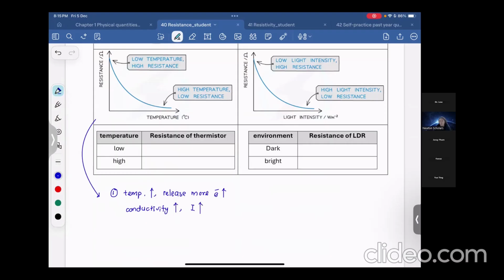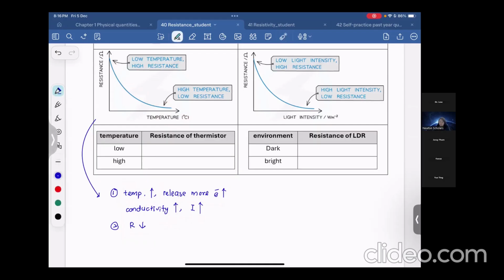More current flowing means that the resistance will decrease. So when temperature increases, the resistance of the thermistor decreases. Why? Because more electrons can flow, meaning it is a better conductor of electricity. When more current is allowed to flow, the resistance becomes lower. So this is how we get the graph: temperature increases, resistance decreases.